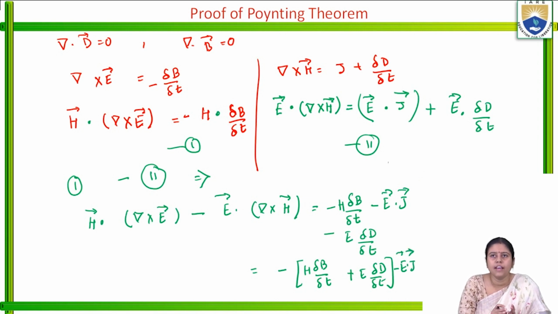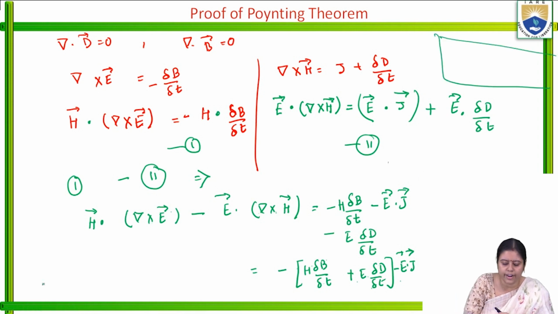Now you can see that we got a compact form. What is the compact form we got? H dot grad cross E minus E dot grad cross H is equal to minus H del B by del T plus E del D by del T minus E dot J. Now we can also write, I am writing here with another ink.